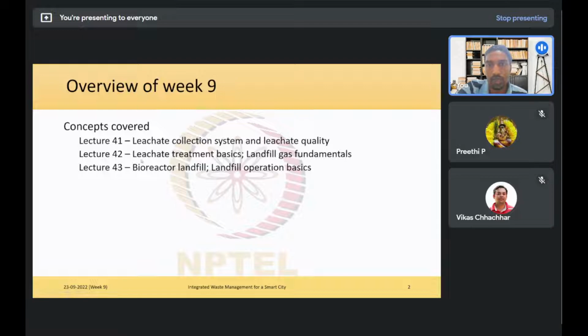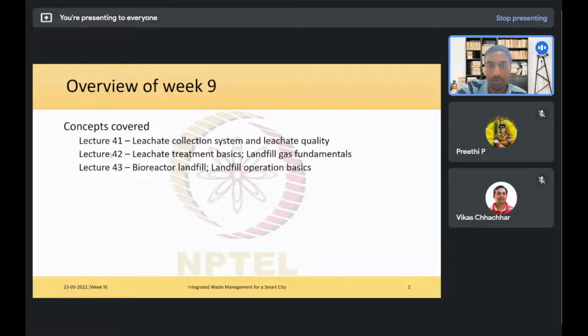This is a way of accelerating the anaerobic reaction that takes place in a landfill, so that the gas and the leachate are produced at a faster rate, and we can get all the useful gas, such as methane, in a shorter period of time. We don't have to wait a long period for the landfill to mature and stabilize before we can close it for good.